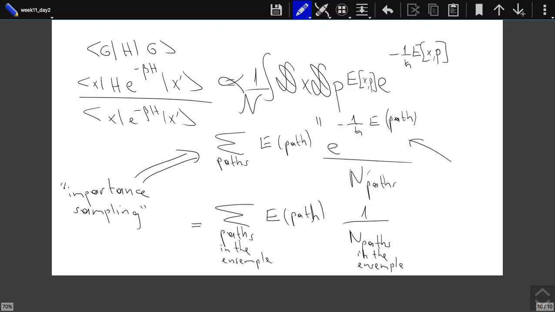You just select a group of paths and you choose paths that are more important with a larger weight, basically. Now, of course, for the free particle, this doesn't really make too much sense, but let's just imagine you have a theory like quantum chromodynamics, which we don't have a solution for. Analytically, we cannot solve it. But still, this method scales.